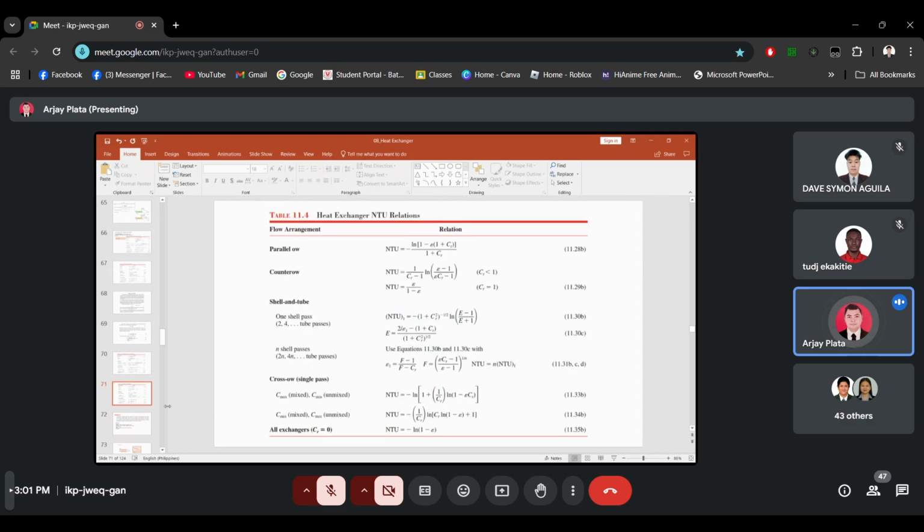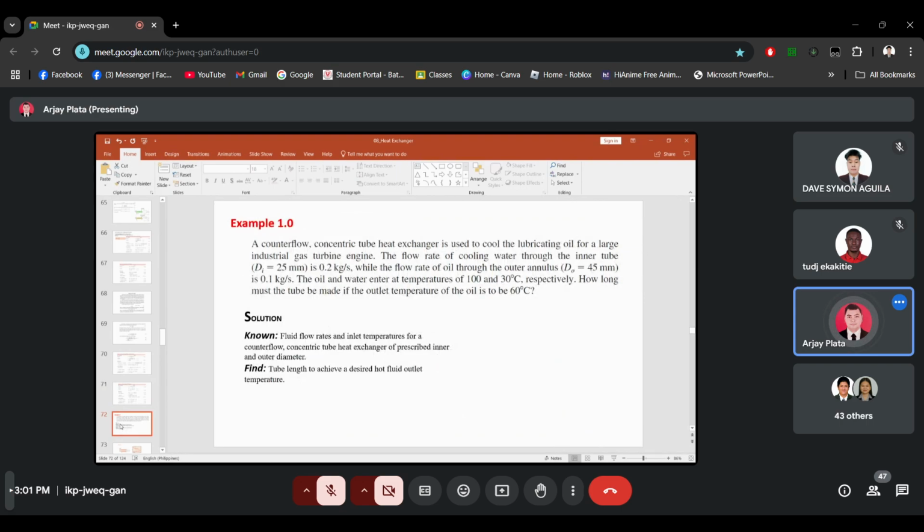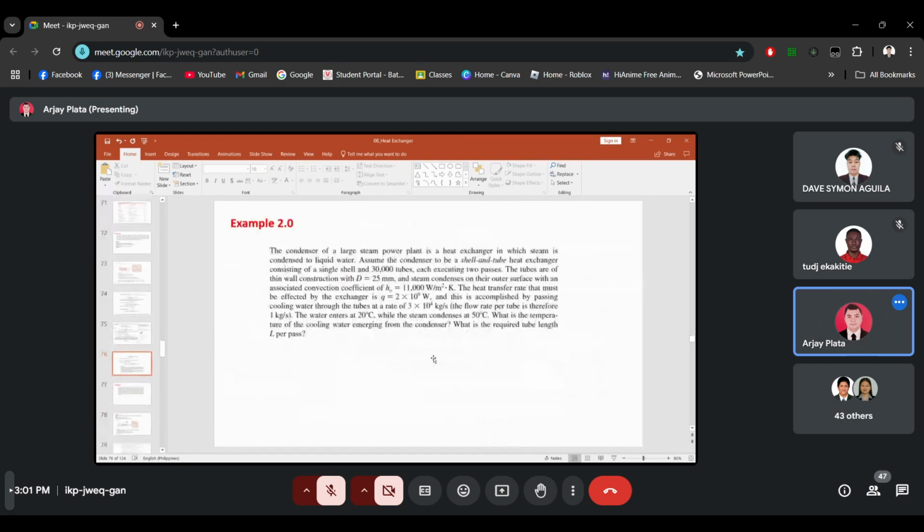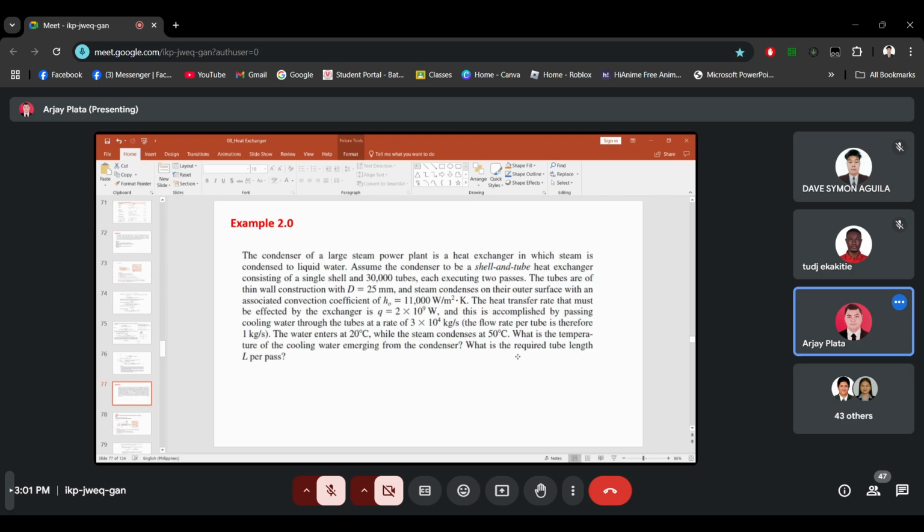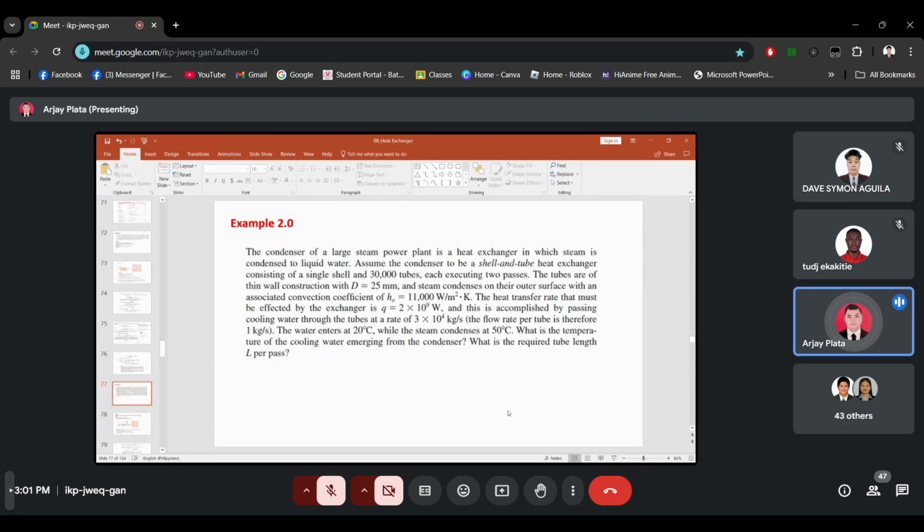So we have here some sample problems for you to be able to understand it better. So this is example 1. Let's proceed with example 2. The condenser of a large steam power plant is a heat exchanger in which steam is condensed to liquid water.